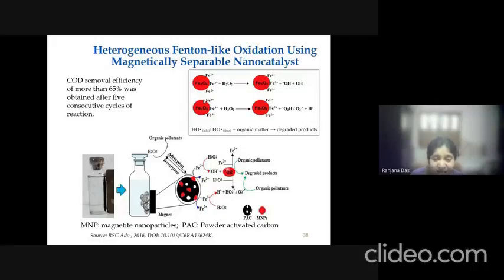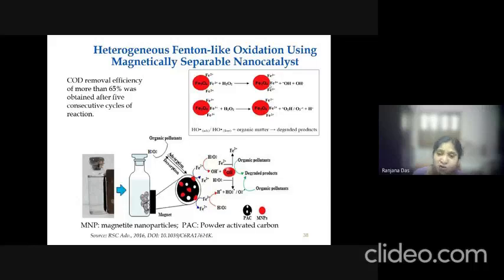Titanium dioxide can also perform the same. But the advantage of the magnetic nanoparticle is that for titanium dioxide, separation is very difficult because it is going to mix in the medium. And for the separation of titanium dioxide after the process is done, another post-processing step is there. We have to filter it, or we have to membrane separate it.